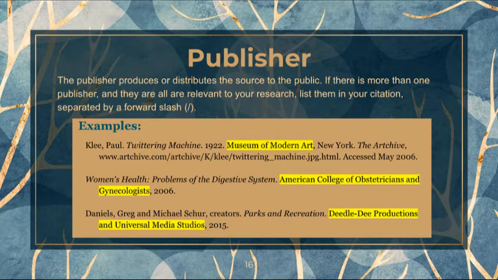So, below we have three examples where you can see that when you are typing out the publisher in the citation, you will just keep them in the standard font, no italics, no quotations, but you will make sure that you have them separated with the comma.